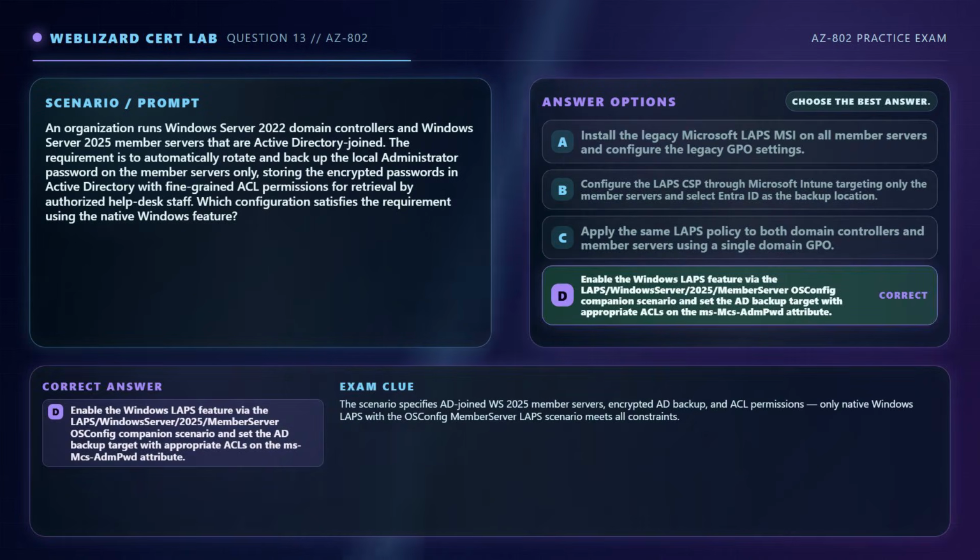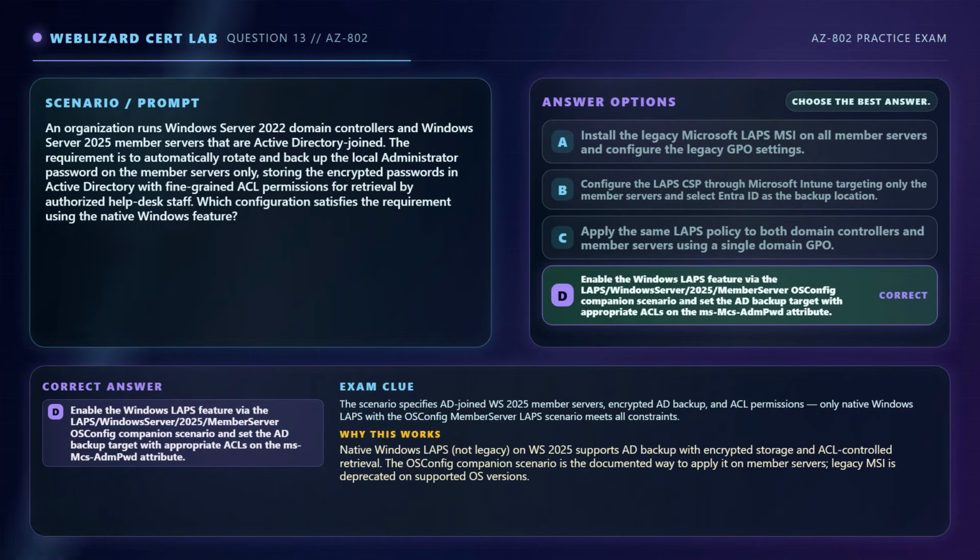The correct answer is D. Enable the Windows LAPS feature via the LAPS/WindowsServer/2025/MemberServer OSConfig companion scenario, and set the AD backup target with appropriate ACLs on the msLAPS-EncryptedPassword attribute. Native Windows LAPS, not legacy, on WS 2025 supports AD backup with encrypted storage and ACL-controlled retrieval.